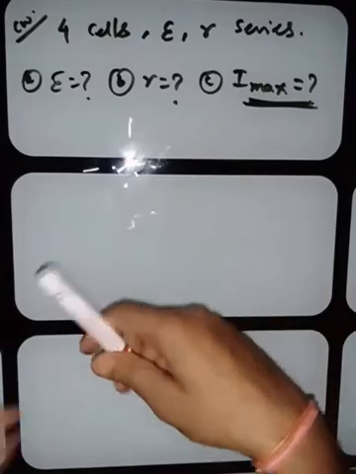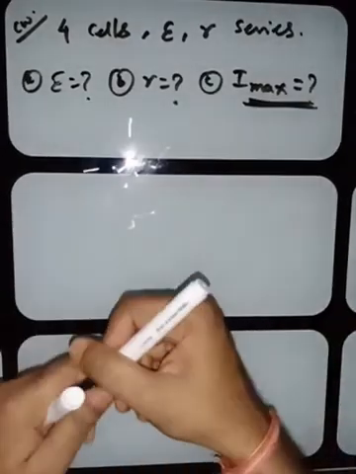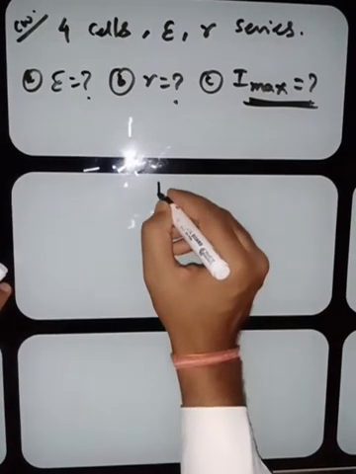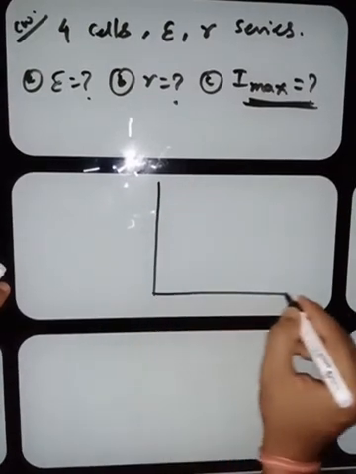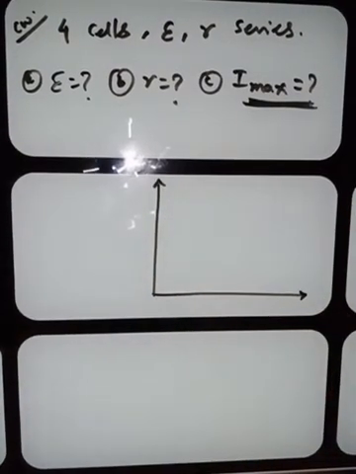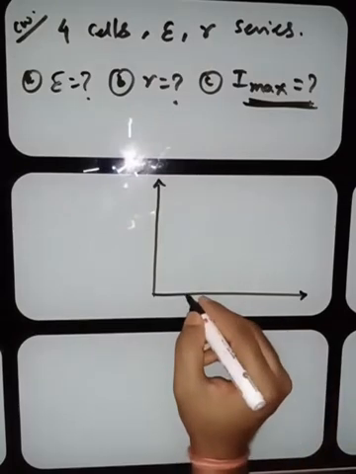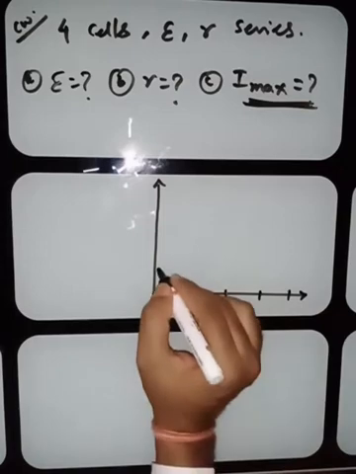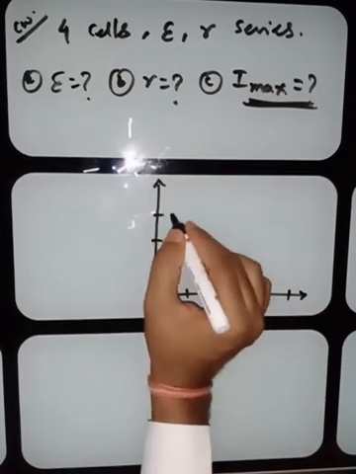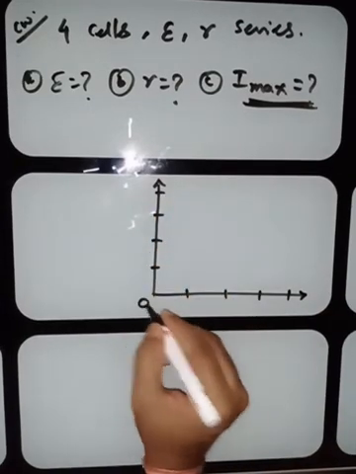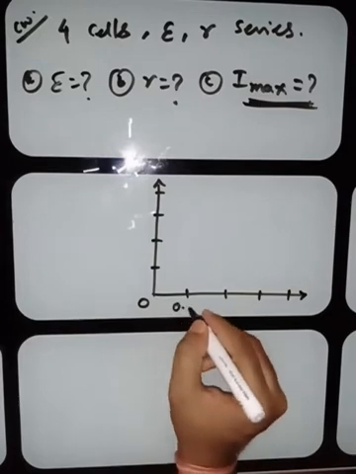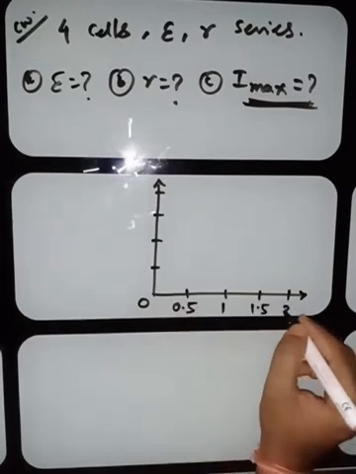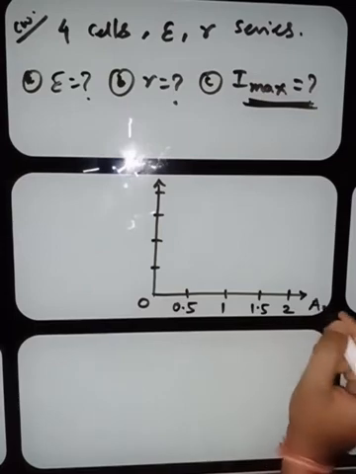Now the graph. This is the graph between the terminal voltage and current. It is 0, 0.5, 1, 1.5 and 2, in ampere.